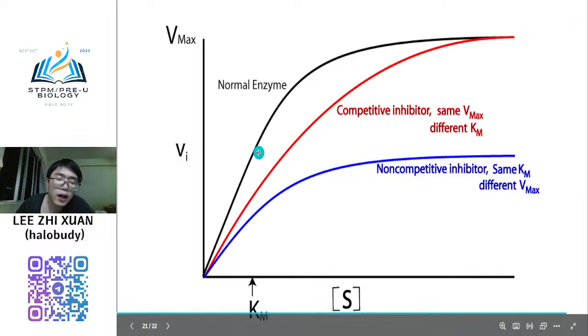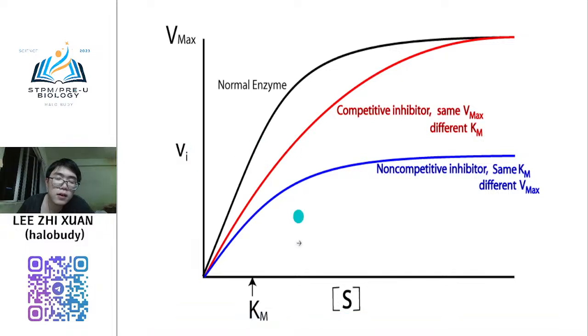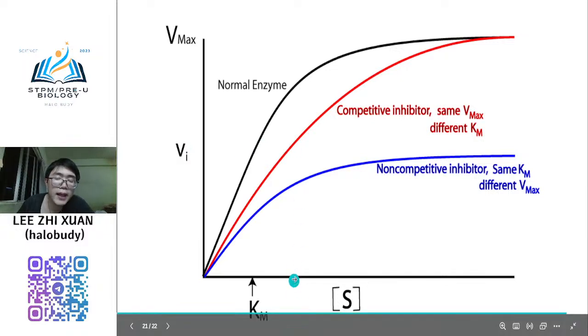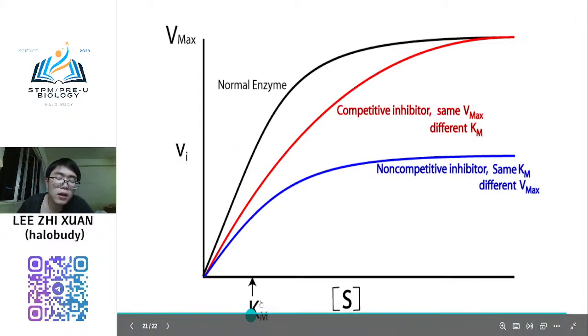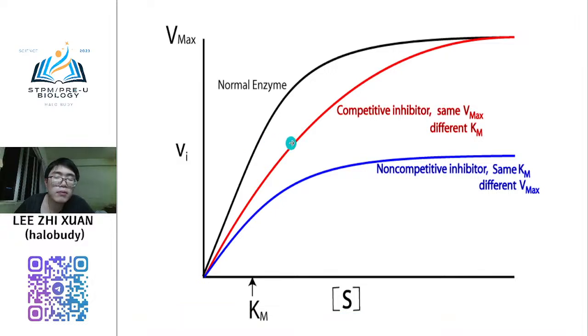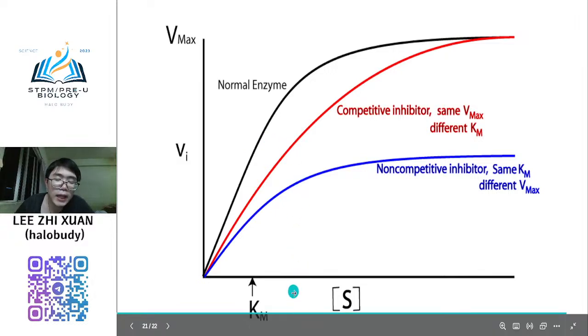But for now, in your enzymatic reaction, you see your Km is now here for the red line, because this is half max. If you refer to half max and go across, this is the original Km when there is no inhibitor. But now, because you have the competitive inhibitor, your Km is here, meaning you increase the Km value.